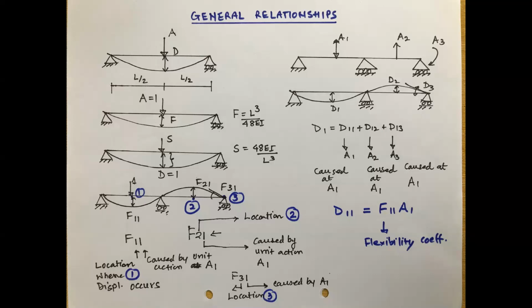So to understand the basic concept, you start with springs, then axially loaded bars, then trusses, and then beams. Beams are bending members, so their behavior is more complex compared to a spring, but we are using the same concept.